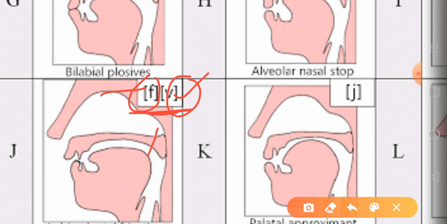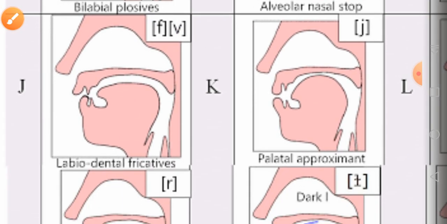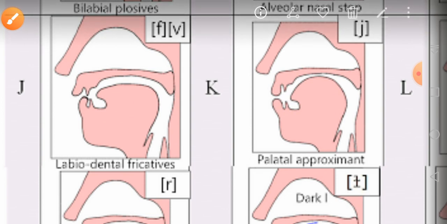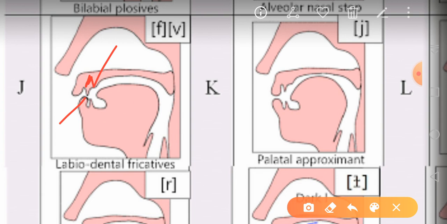See in this picture. Let me scroll up for you. As you can see, this is the upper teeth, and it is touching the lower lip here. So air travels this way and comes up to this place, and the passage is narrowed down, and then there is an obstruction, but this obstruction is not a complete stoppage.